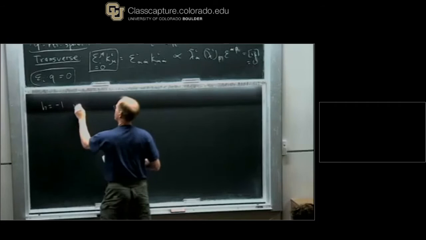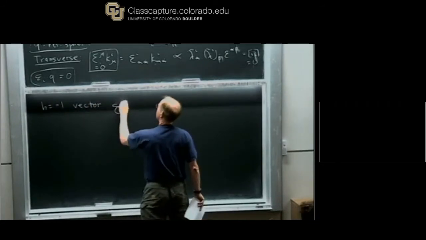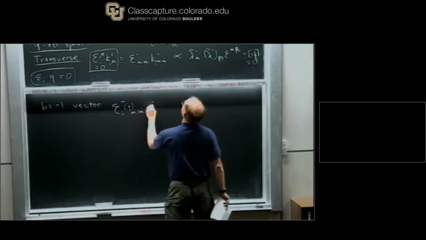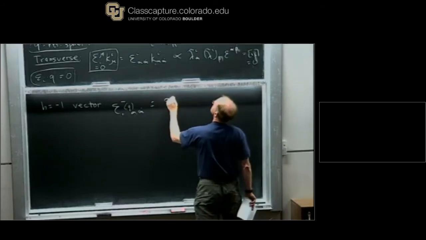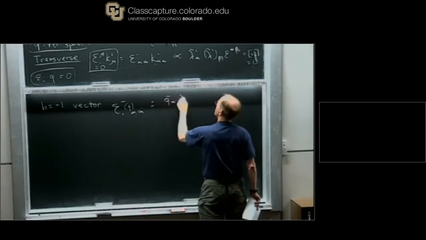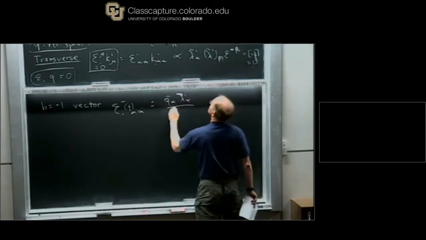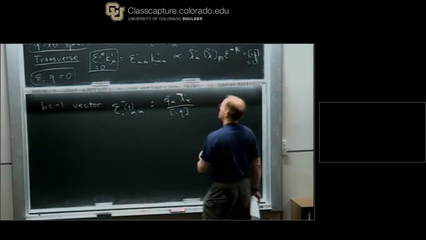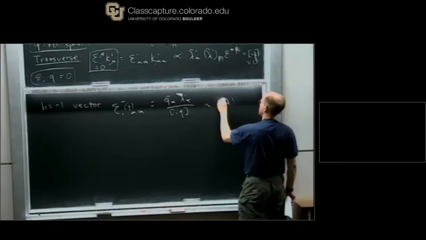And then the h equals -1 vector won't be too surprising. It'll be, you kind of just conjugate everything. And that will scale like 2 powers of lambda upstairs.